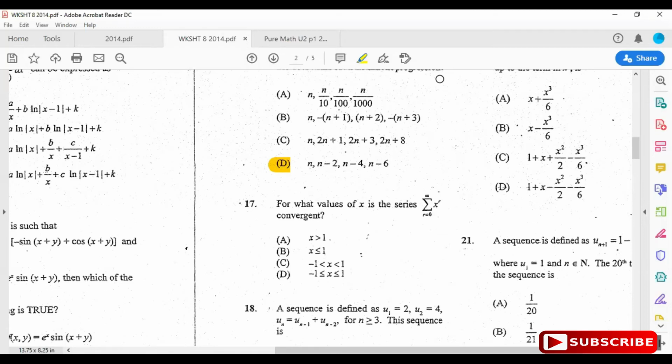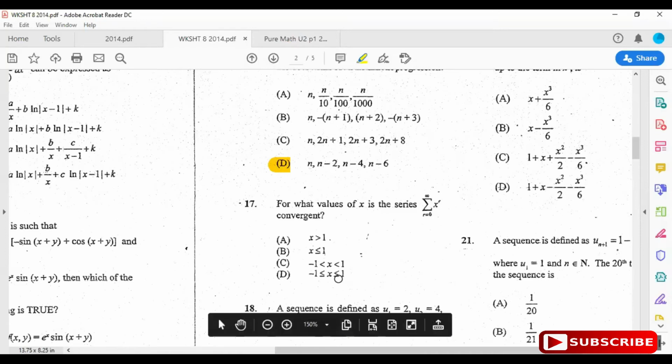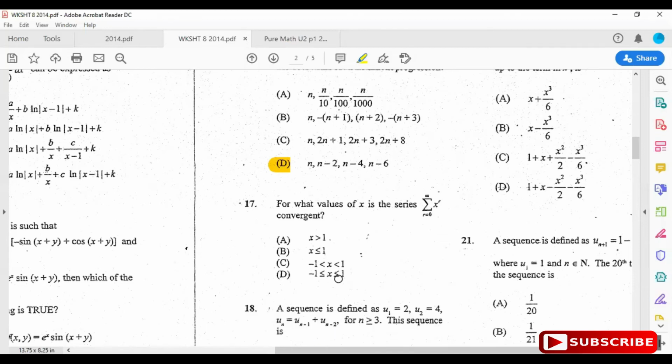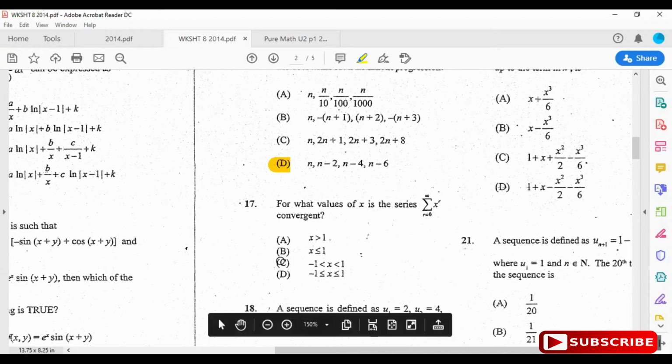I just want to point out that it cannot be equal to 1, because if it's equal to 1, it's not going to be converging. And so as you rightfully said, it is C.